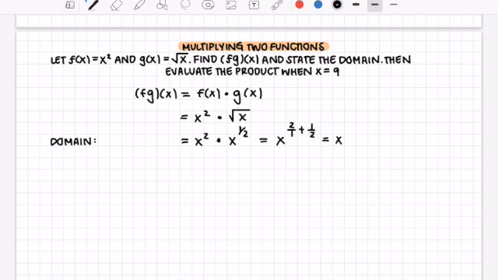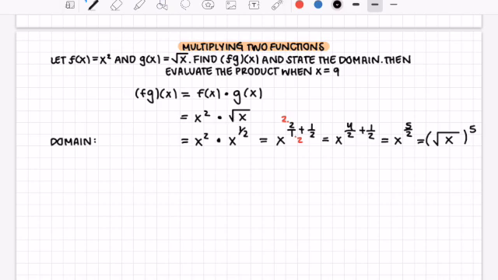I need to multiply this by 2. If I do that, I get 4 over 2 plus 1 over 2, which ends up being x to the 5 over 2. And so if you want to rewrite it into the square root form, you could. So I get here square root of x to the power of 5 in the end.